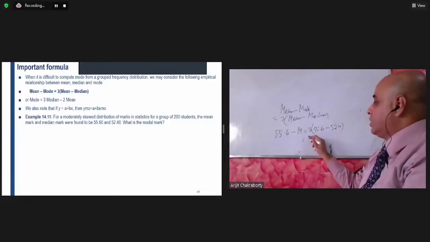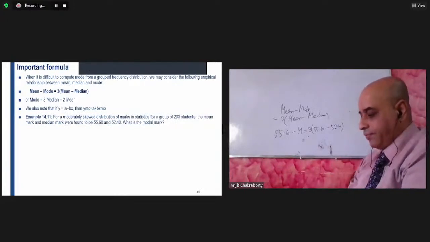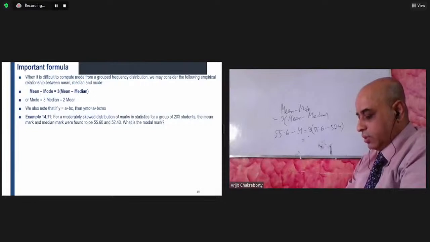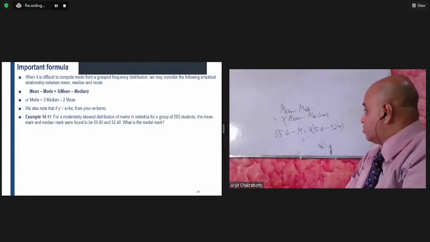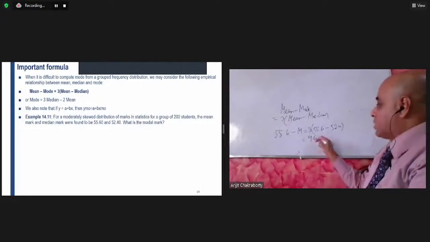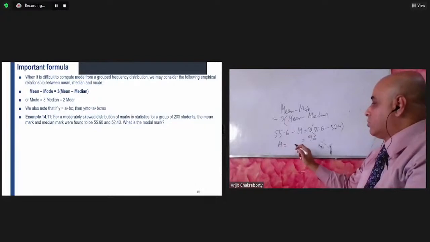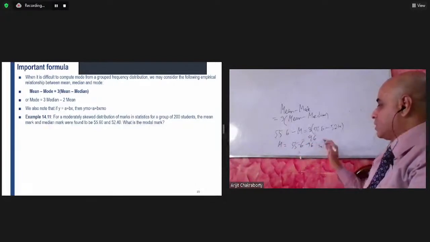So this is 3 into 3.2. 3.2 into 3 gives 9.6. And so you can write m is equal to 55.6 minus 9.6.